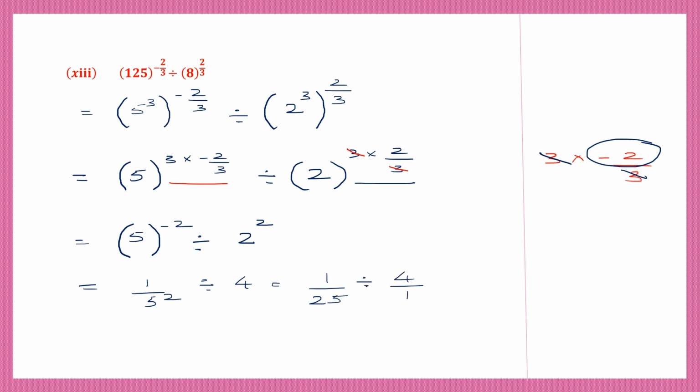We'll make it 4 by 1. So now the division, 1 by 25. Division is multiplication. 4 by 1 becomes 1 by 4. Multiply the numerators. 25 into 4, the denominator is 100. So our final answer here is 1 by 100.